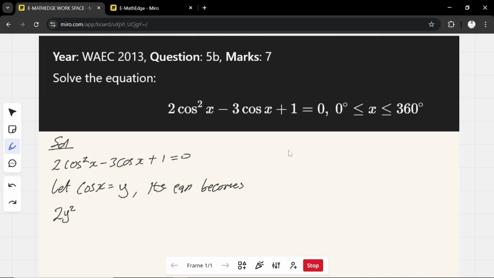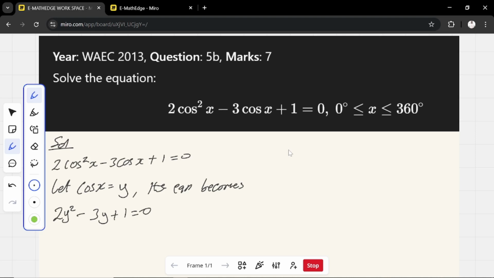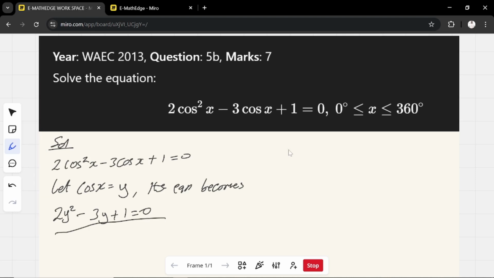So it's going to be 2y squared minus 3, instead of cos x we have y, plus 1 equal to 0. So if you observe, this is nothing but a quadratic equation. 2y squared minus 3y plus 1 equal to 0 is a quadratic equation.